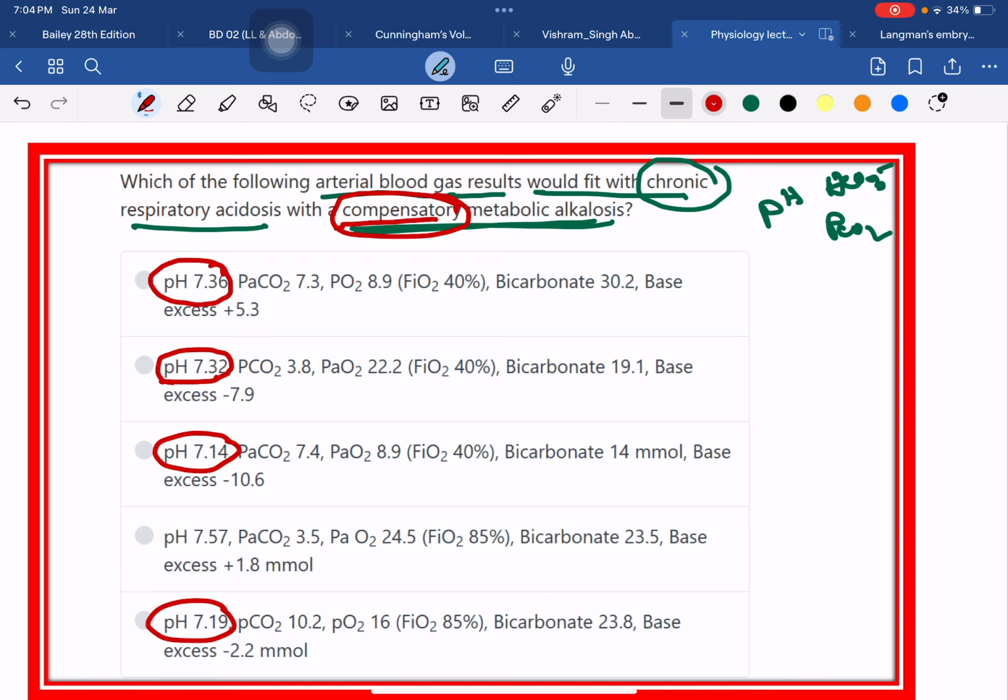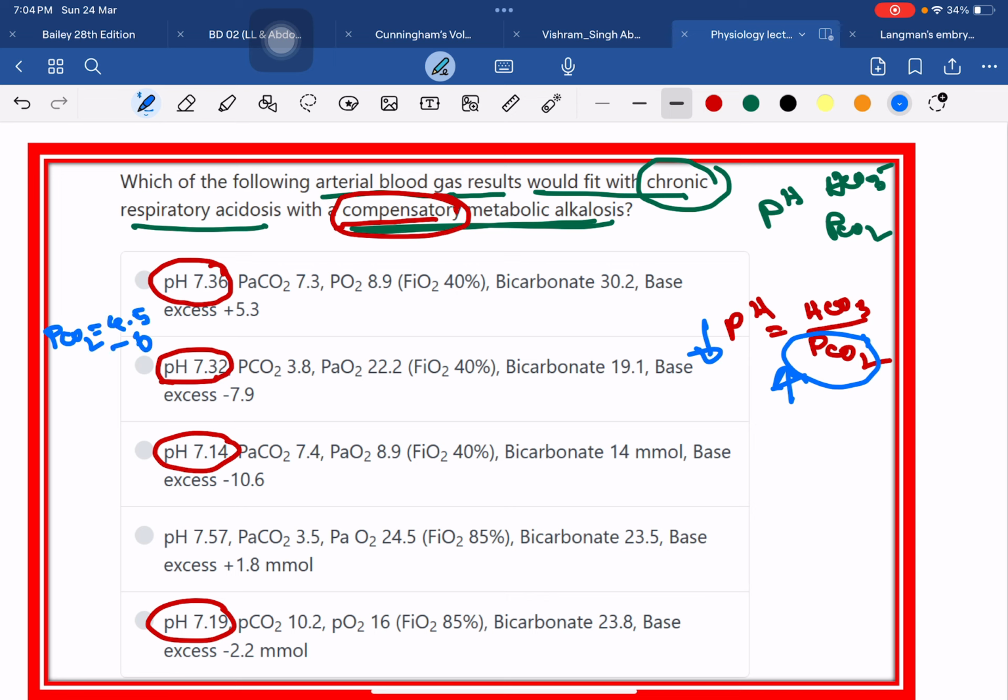As it is a respiratory cause, first we have to look at the lungs, and for the lungs it is carbon dioxide. So when pH decreases, that means an acidosis condition, what will be the partial pressure of carbon dioxide? It will increase. So let's see the partial pressure of carbon dioxide. In the first option, the normal range of partial pressure of carbon dioxide is 4.5 to 6.